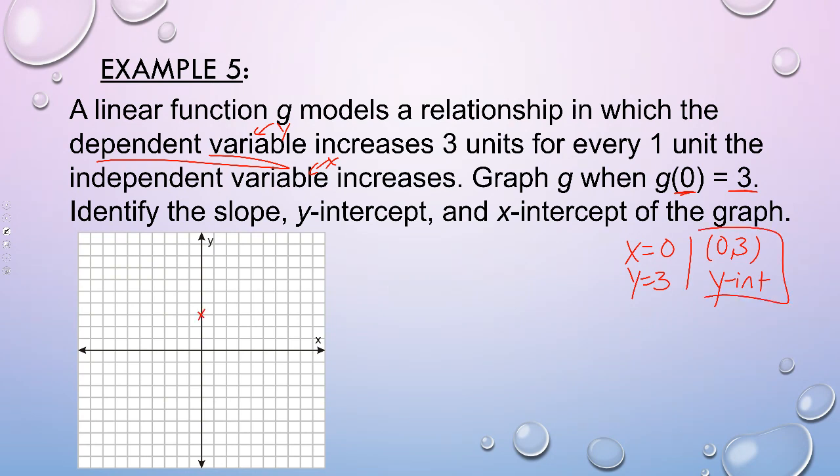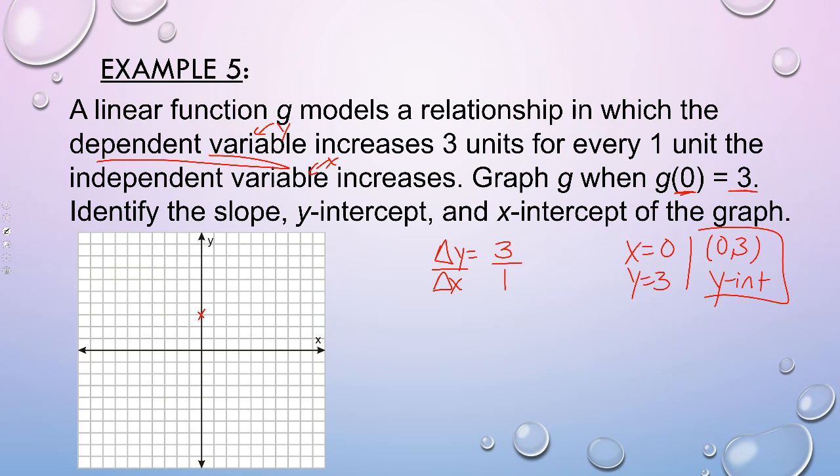Now, what it's telling me is that the dependent variable, aka your y, increases 3 units for every 1 unit that my x increases. So my change in y is 3 for every 1 unit of x.